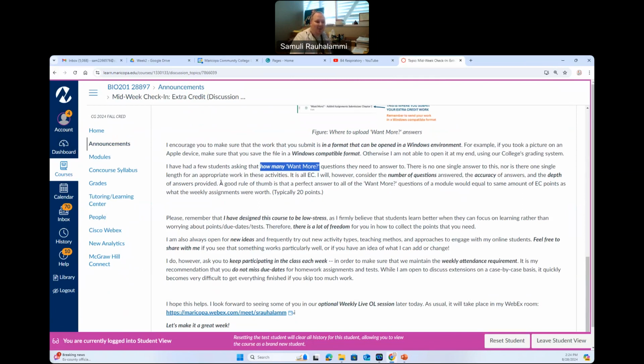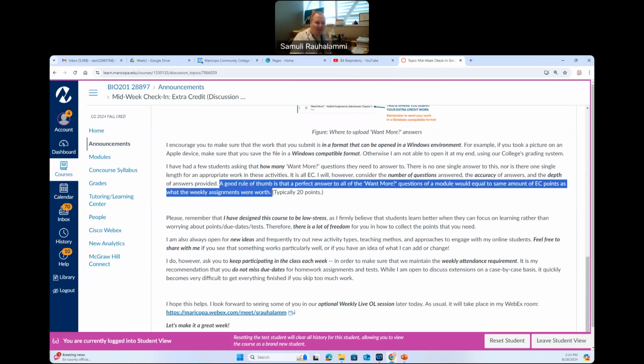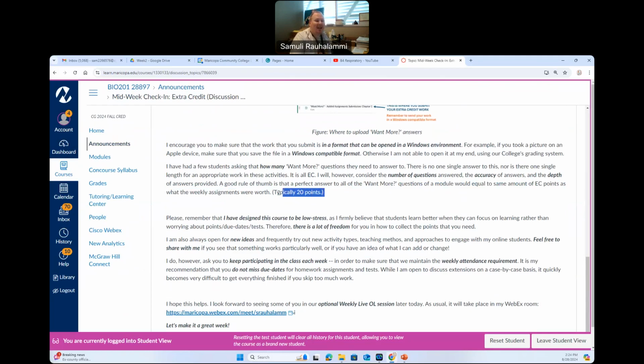But I've offered this rule of thumb for my students for a while now, that if you were to answer all of the Want More questions, and all of those answers were correct, and they were of a sufficient depth of detail, that would add up to the same number of points that you have available as the traditional homework assignments for that chapter.